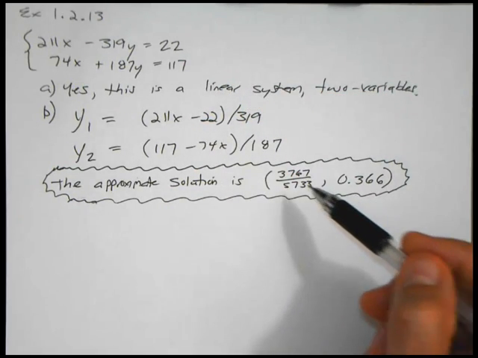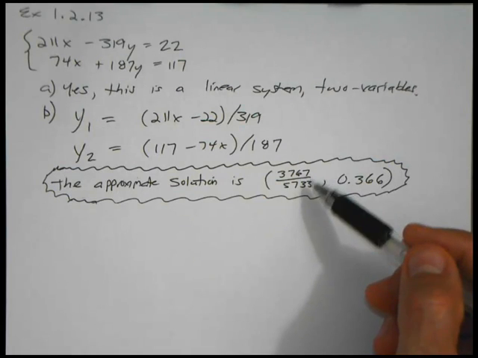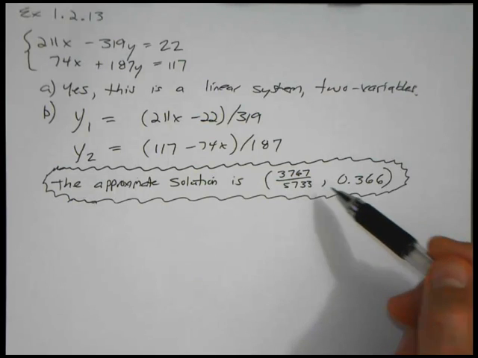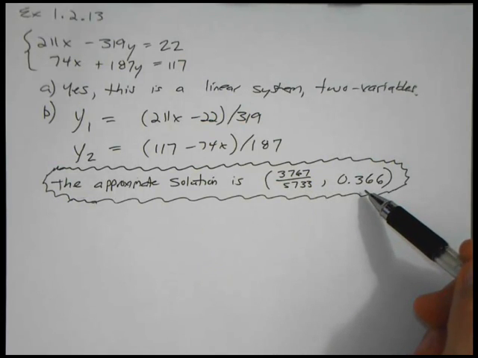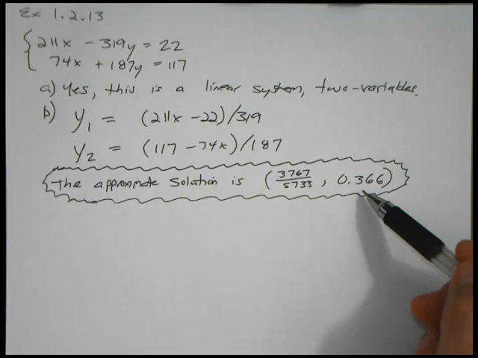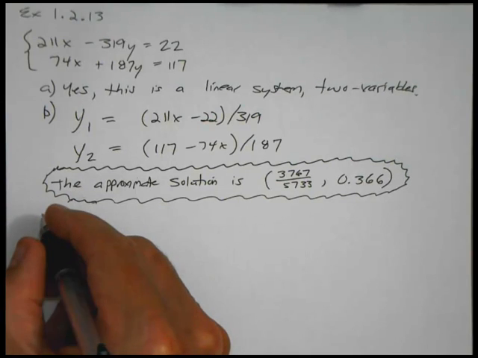In the case of the x-coordinate, we do have that rational number from the calculator's conversion feature, but the y-coordinate, we only got this decimal approximation still. Well, since we know that this y-coordinate is actually a rational number, we know that its denominator must be greater than or equal to 10,000. That's why the calculator is unable to convert it to a rational fraction. Okay, so let's write this down.